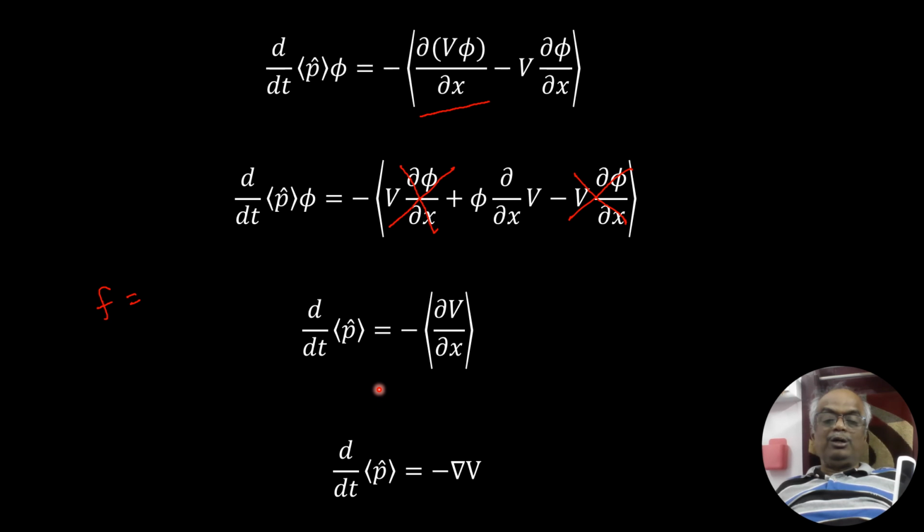So in one dimension it is equal to this; that is, the time derivative of the expectation value of momentum is equal to the negative gradient of the potential. This is in one dimension, and this is in three dimensions. Then we will move further.